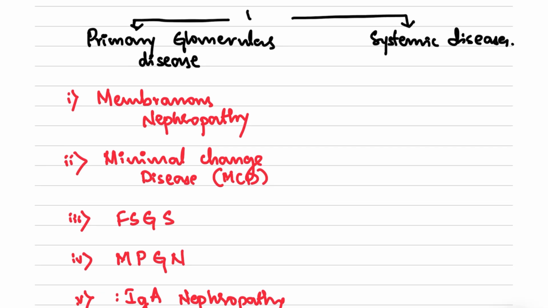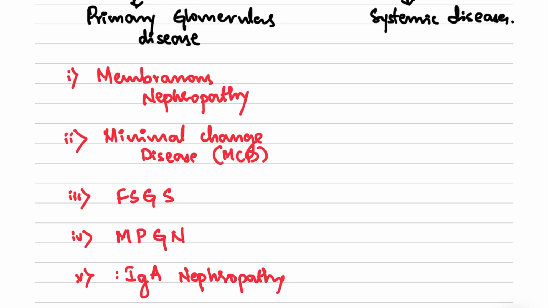Nephrotic syndrome can also occur in the background of systemic diseases such as diabetes, amyloidosis, and SLE, that is systemic lupus erythematosus.